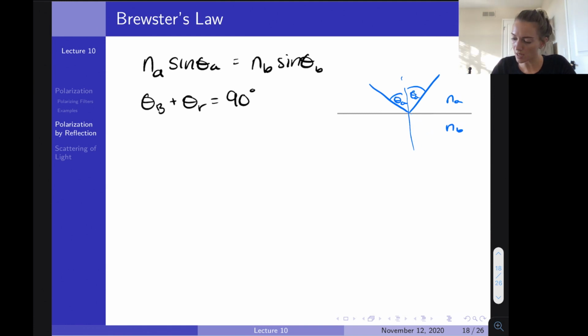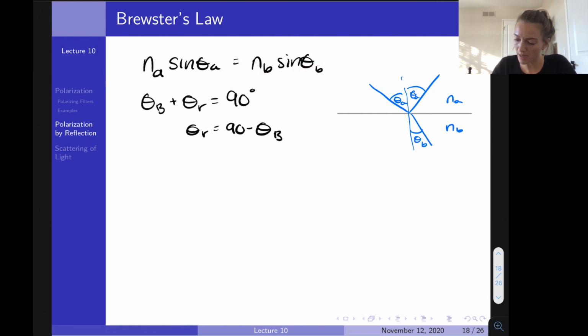So what I can do is rewrite theta B here, which is my angle of refraction. My theta R, I have a lot of different subscripts, but my angle of refraction I can rewrite as 90 minus the Brewster angle, right?